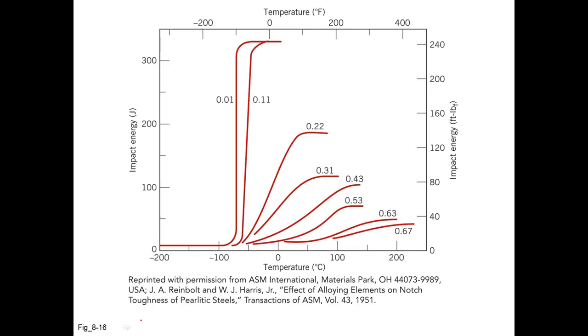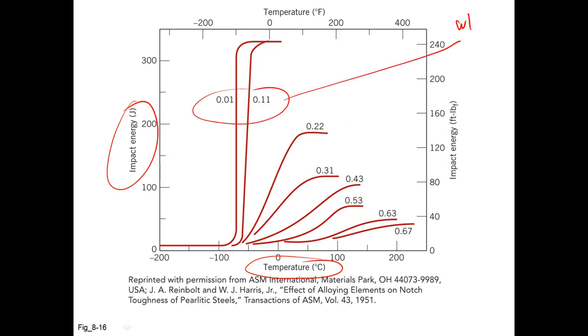Here's an example of a variety of low carbon steels showing impact energy with temperature. The value shown here is the weight percent carbon in the steel sample.